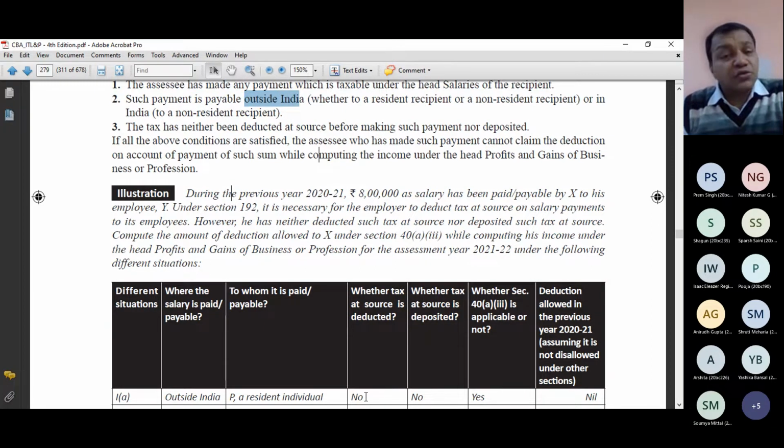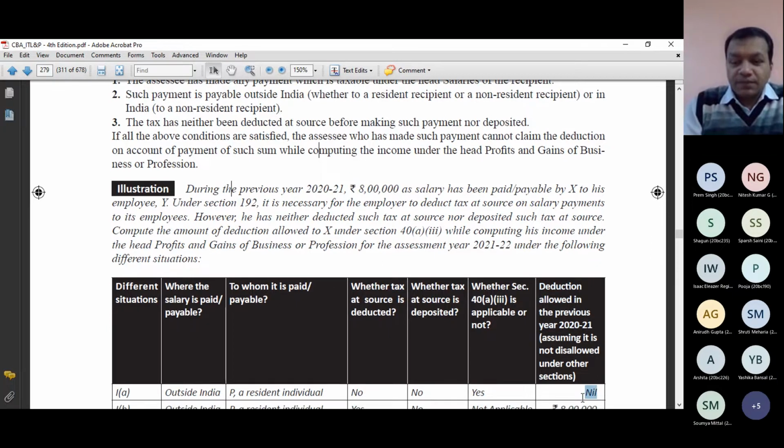Whether tax is deducted? No. Whether tax is deposited? No. Is section 40A3 applicable? Of course, yes. And if yes, how much will be disallowed? 100%. So how much will the deduction allowed be? Nil. If I say disallowed, that means deduction is 0. This is my first situation.